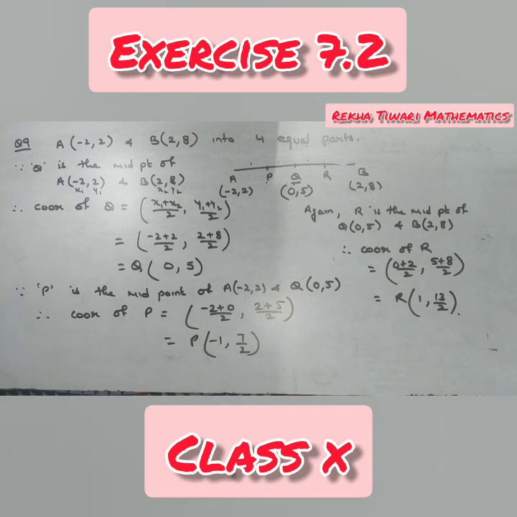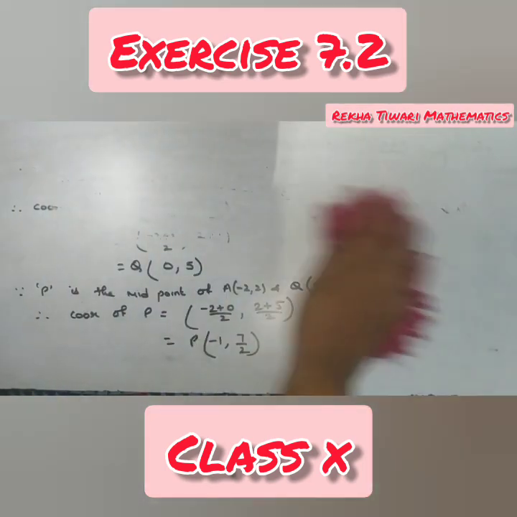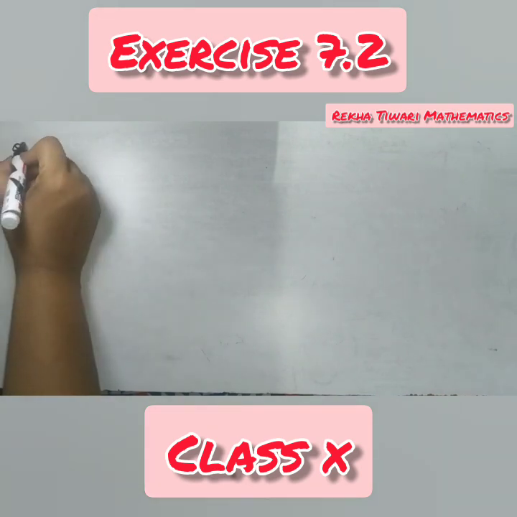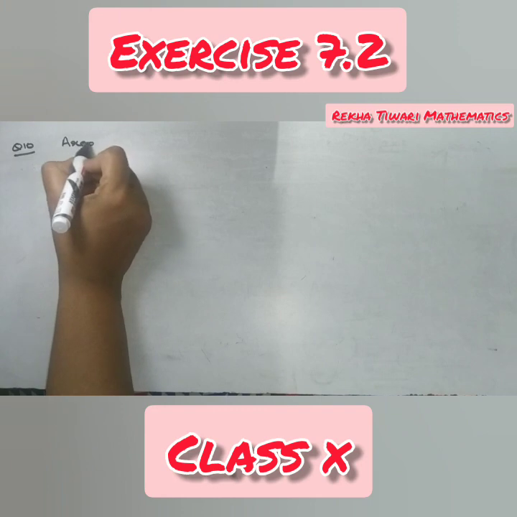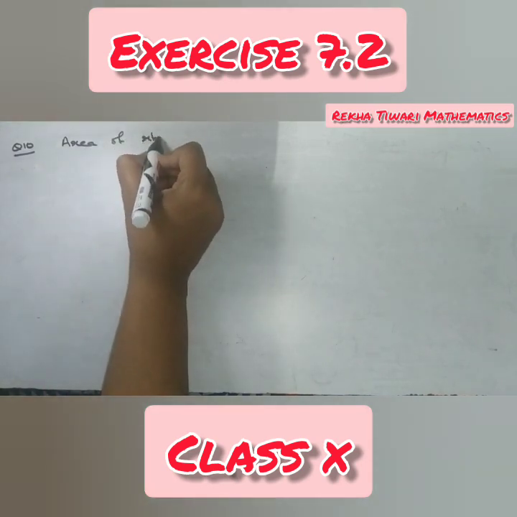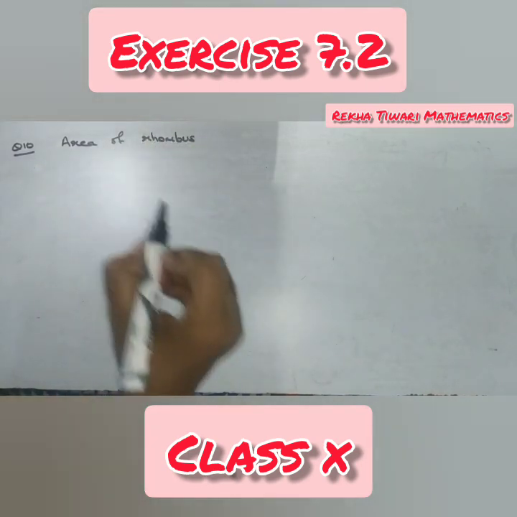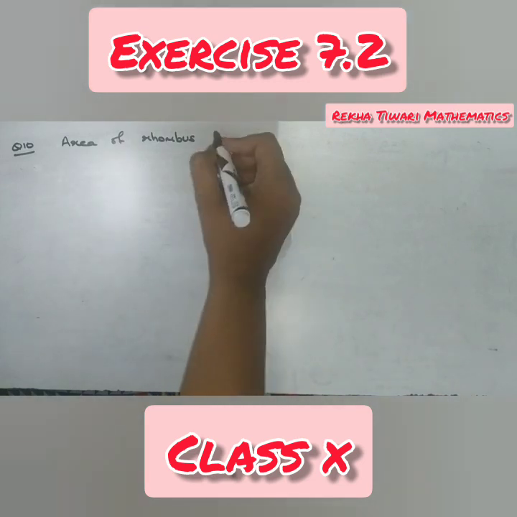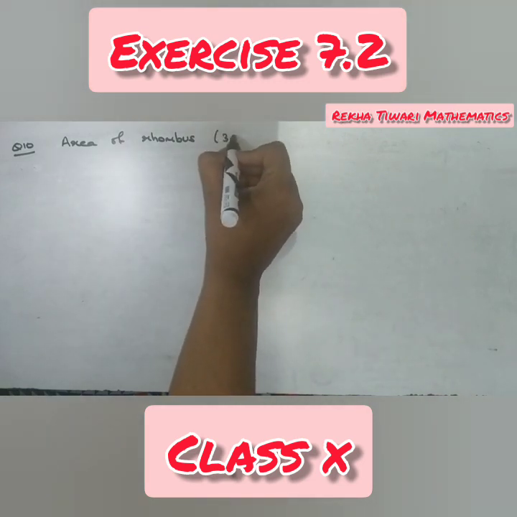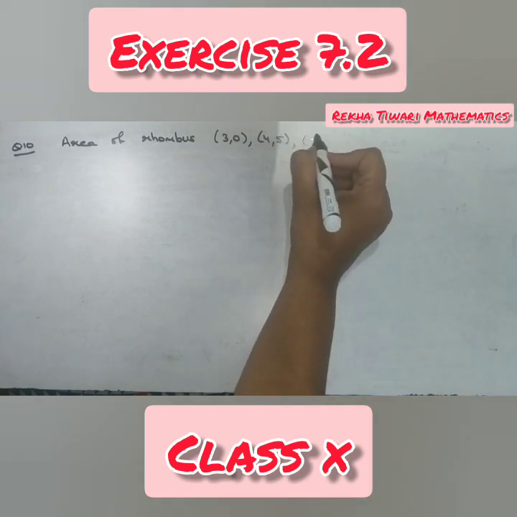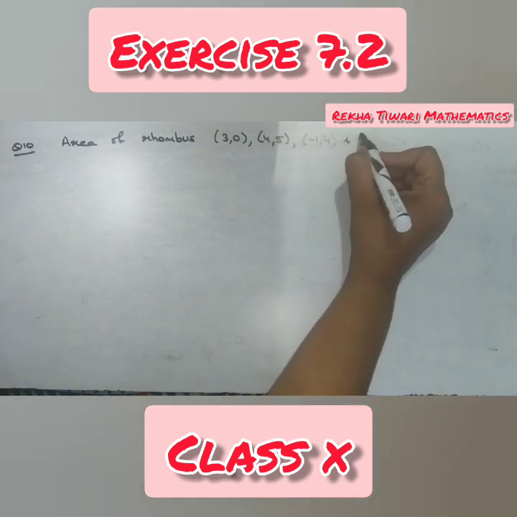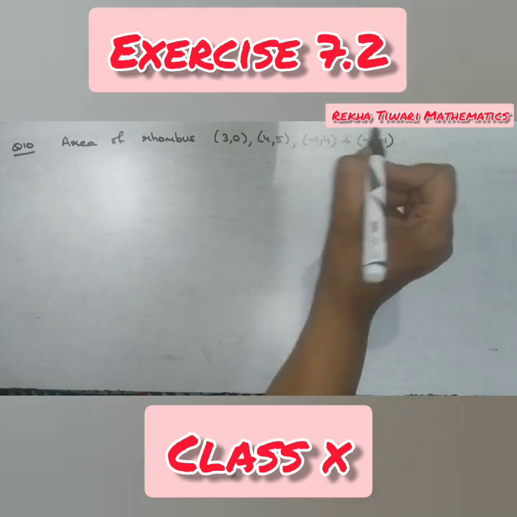Come to the last question of this exercise, that is question number 10. Question number 10 is, find the area of the rhombus if its vertices are (3, 0), (4, 5), (-1, 4) and (-2, -1), taken in order.